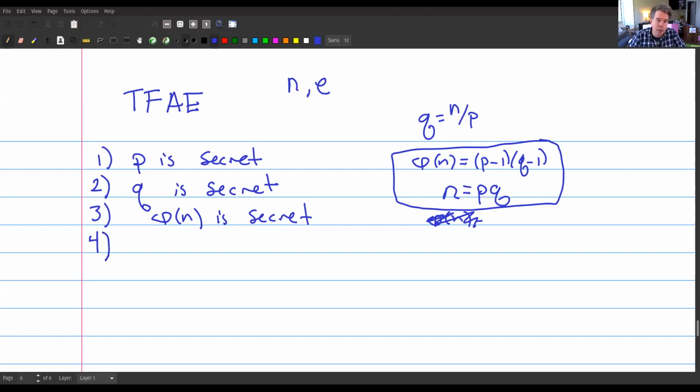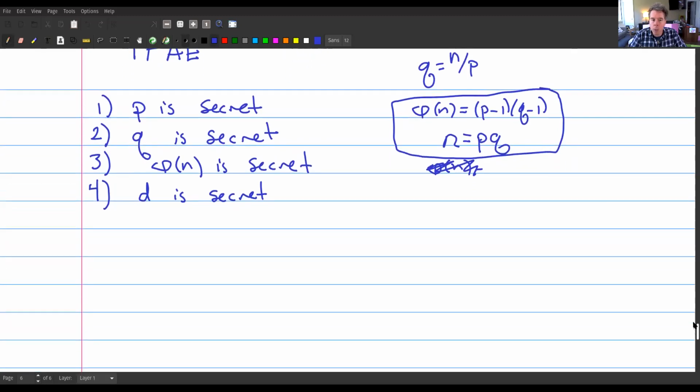But knowing all these things is equivalent to knowing d. So d is secret. Seeing why this is true is a little bit more complicated. If you know any one of these three things, then you know them all.